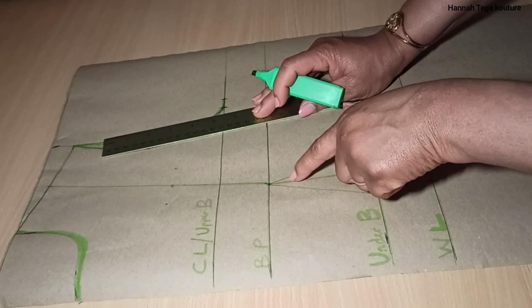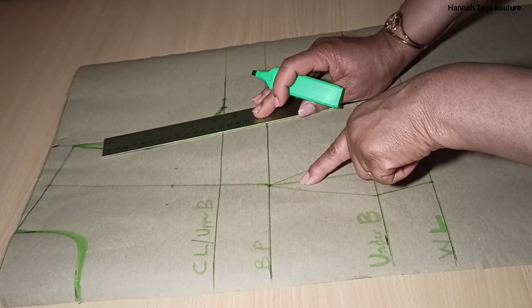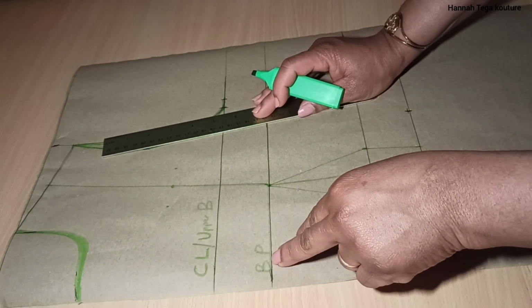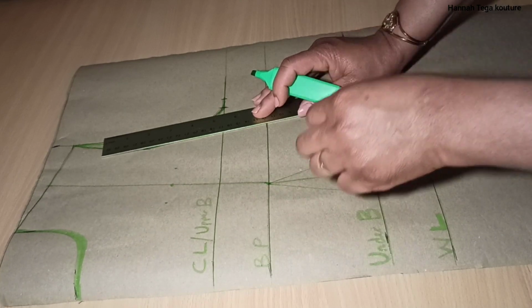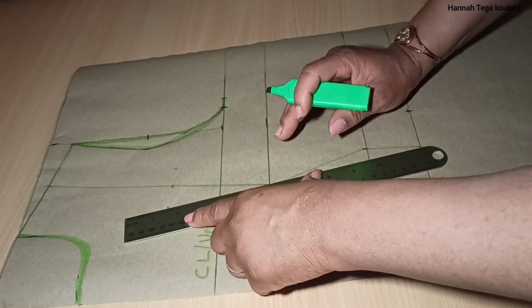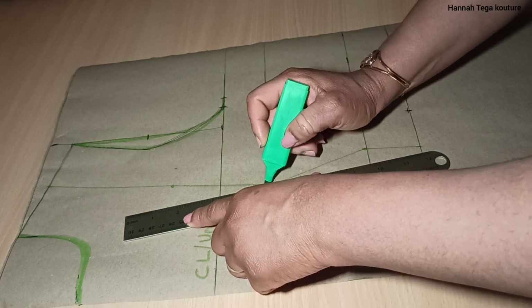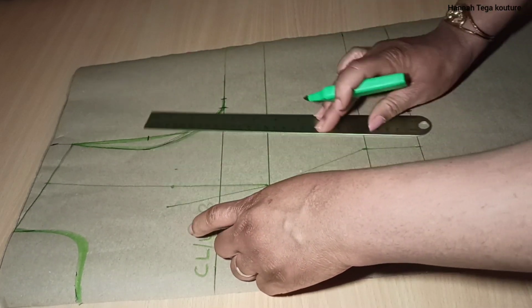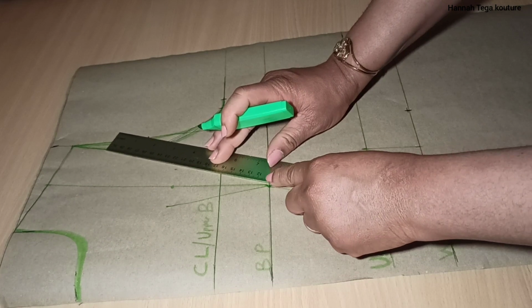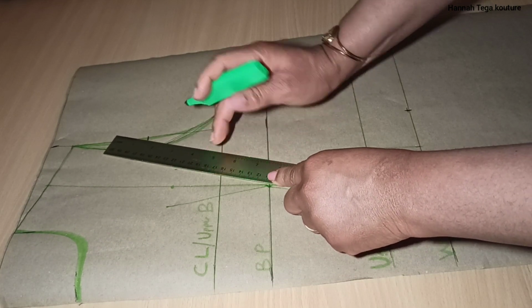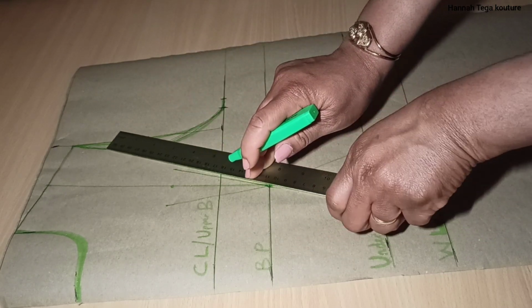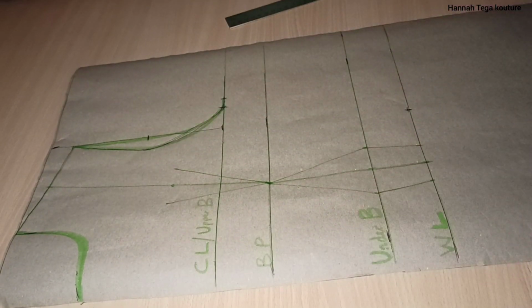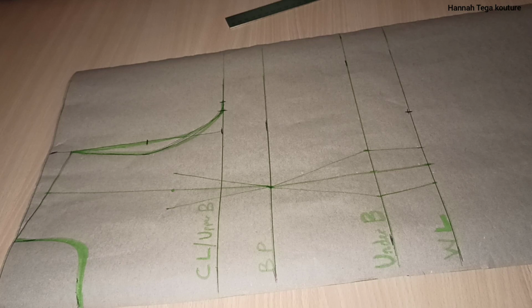Sometimes you can come down and hinge here if you want to, for ease on the bust points. Yeah, it's optional. And also you can connect that way. There we go. So that's it, connected there.